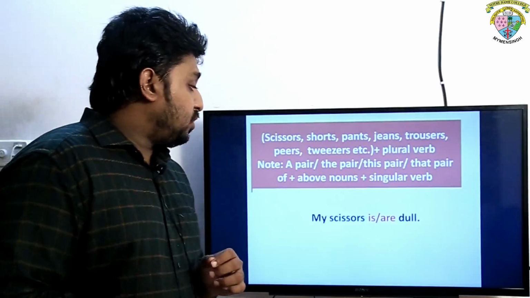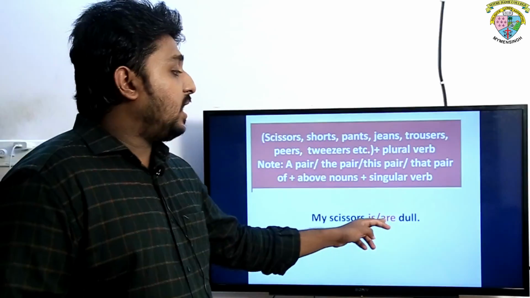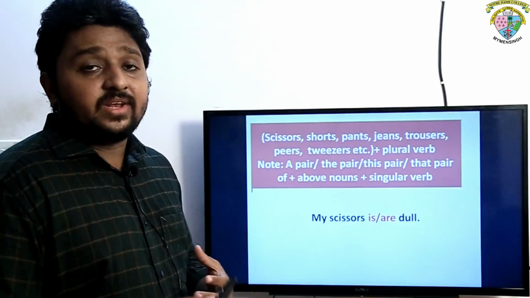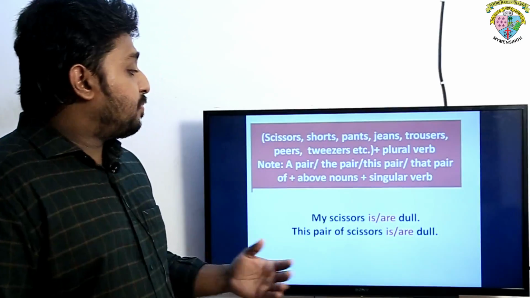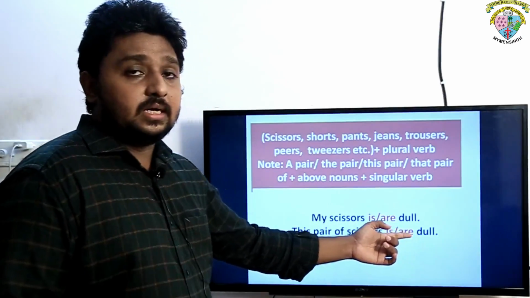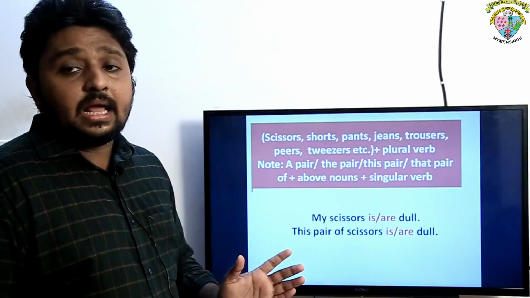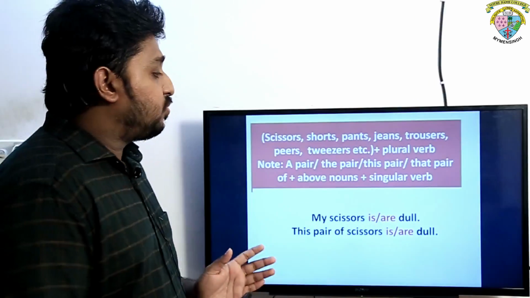And the examples: my scissors is or are dull. Yes, my scissors, it is plural and it will definitely take plural verb. The pair of scissors is or are dull. Look, the first one, my scissors, this is plural and that's why it should take plural verb.